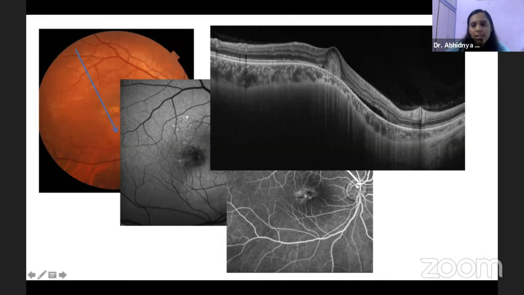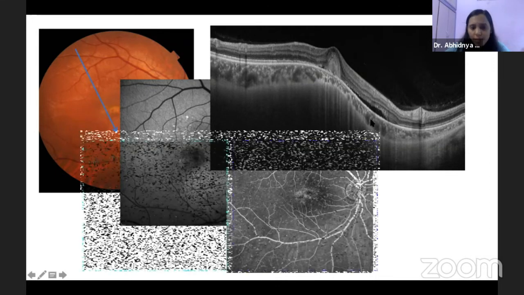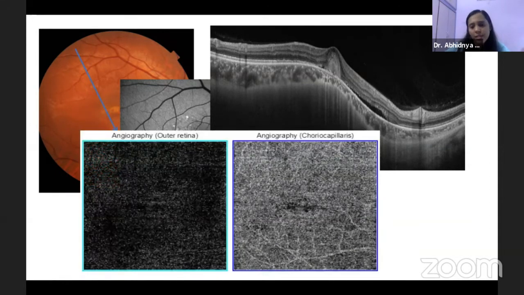However, we can see that there are dilated choriocapillaries in this area. When we did an OCTA, there was no choroidal neovascular membrane present. So a diagnosis of CSC was made, and this patient received micropulse laser, and the subretinal fluid had decreased. However, the patient did not gain any vision.